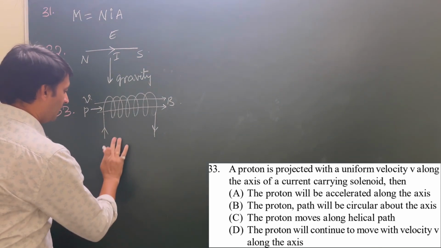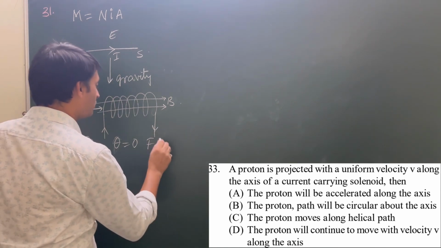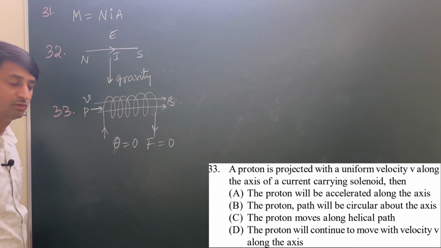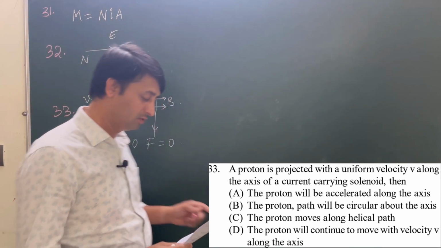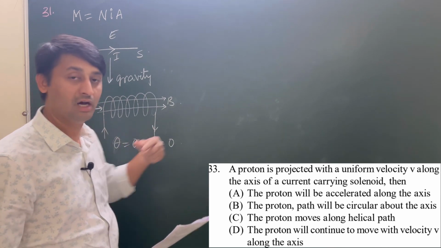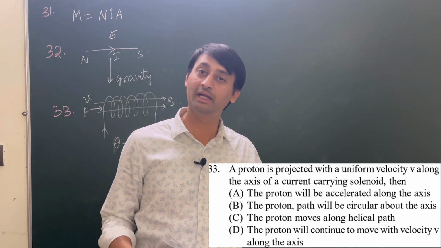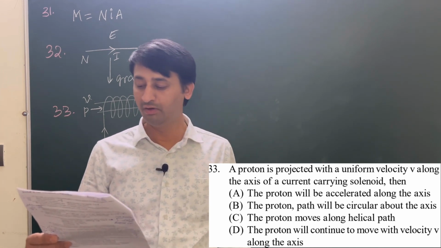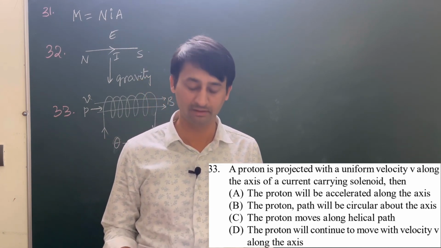Then theta is equal to 0, and when theta is 0, the force acting on this proton will be equal to 0. When the force acting on the proton is 0, the proton will continue to move with a velocity v along the axis. The proton's velocity will not increase or decrease, and its direction will not change. Option D is the correct answer.